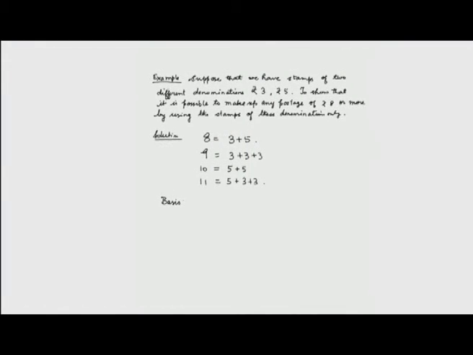So, basis of induction: rupees 8 postage can be made up of the denominations rupees 3 and rupees 5, of course, because 8 equal to 3 plus 5.